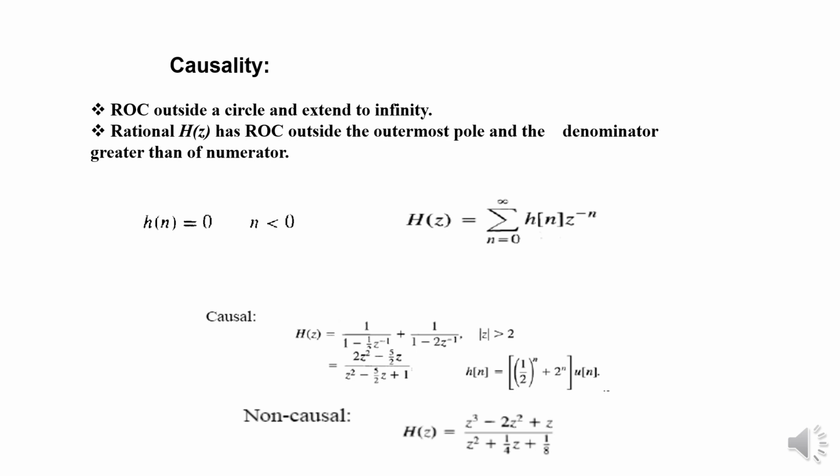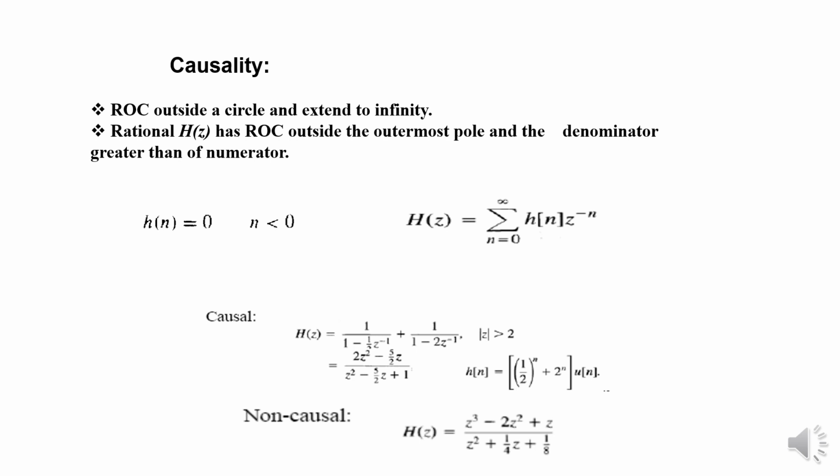When z is equal to half, it is a pole. So what are the two poles of this? z equal half, and z to the power minus 1 equal half, that means z equals 2. So the two poles are z equal half and z equal 2.